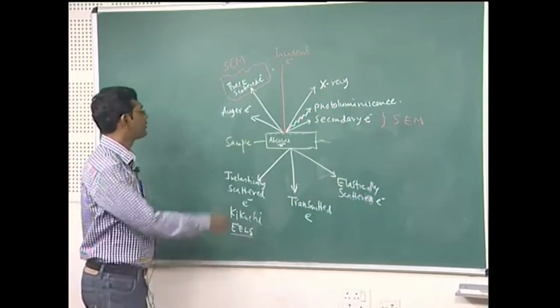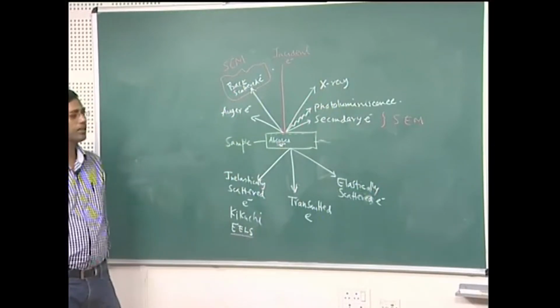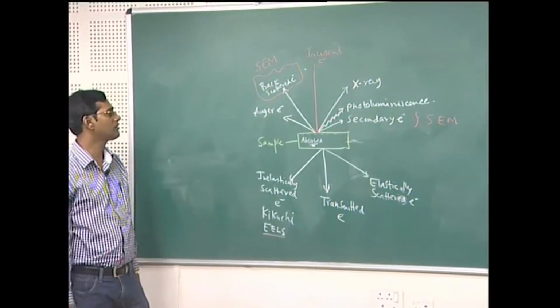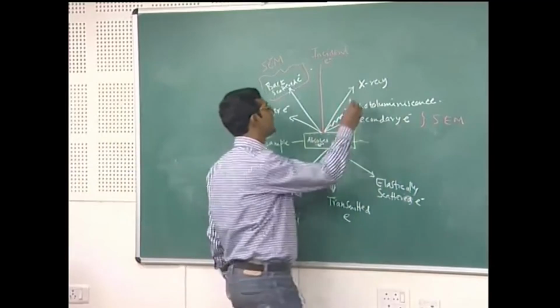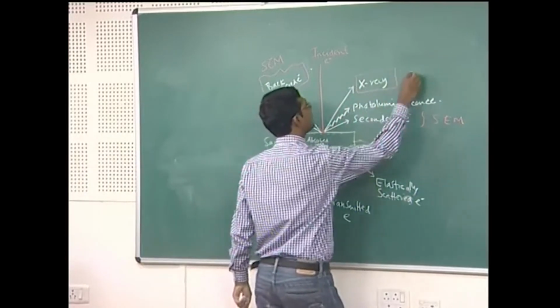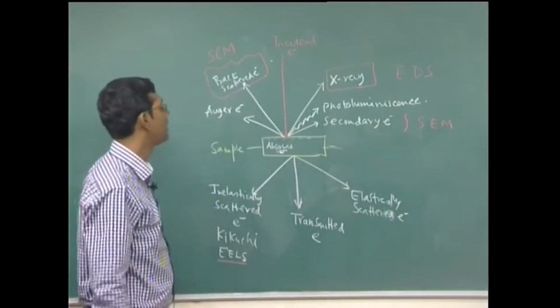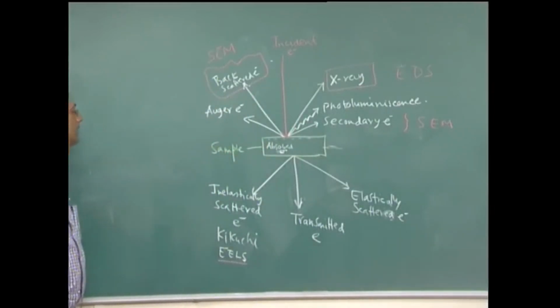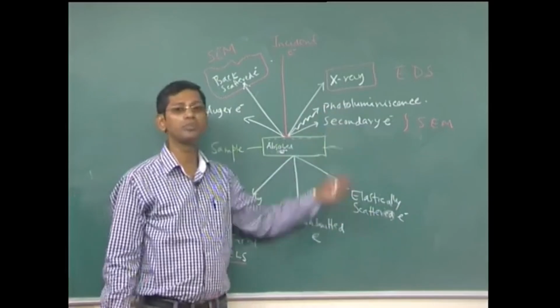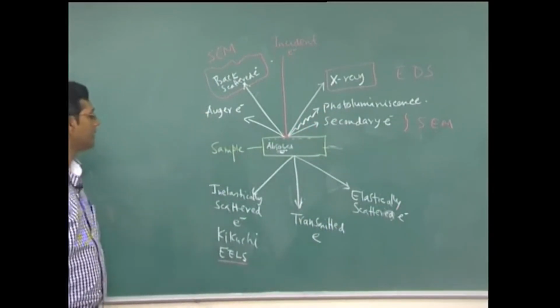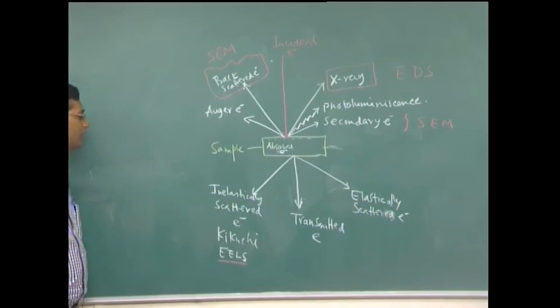Auger electrons are used in Auger spectroscopy for getting composition and even to know the state of the electrons. X-rays, as I said, can be used for energy dispersive spectroscopy or EDS analysis both in SEM and in the TEM. And photoluminescence can also be used for different kinds of semiconductor materials, analyzing the photoluminescence characteristics.